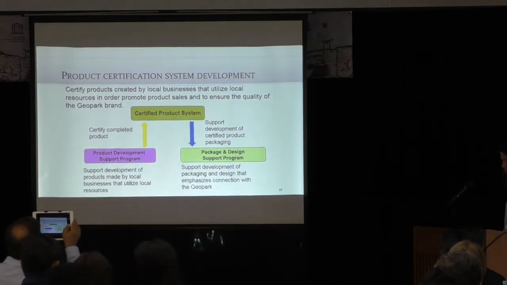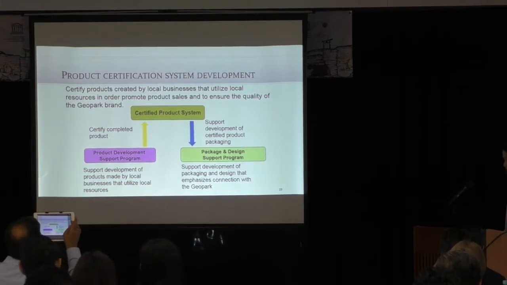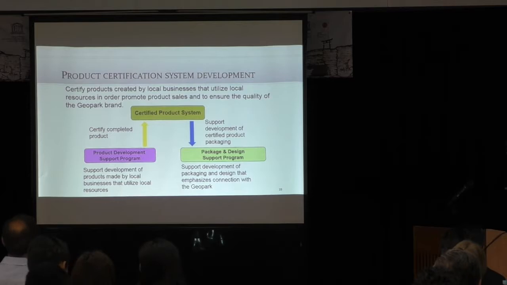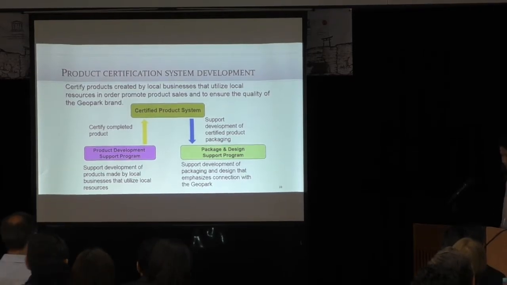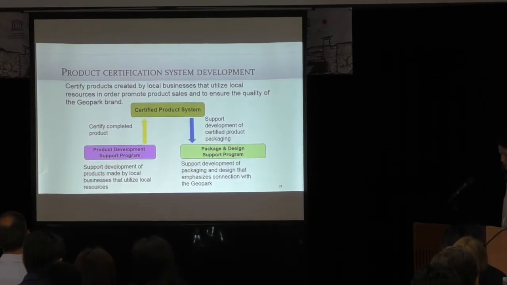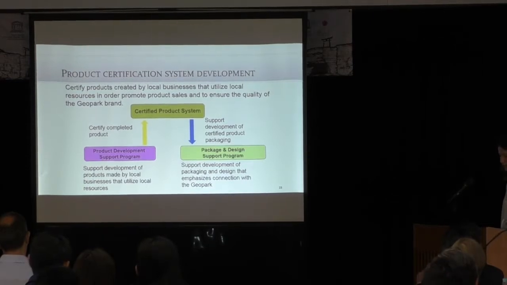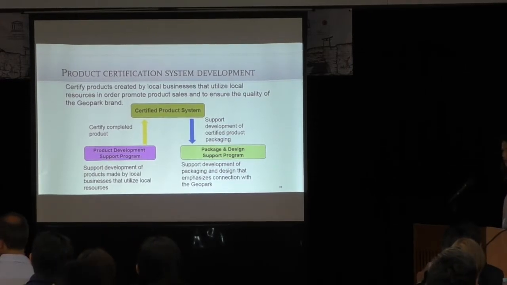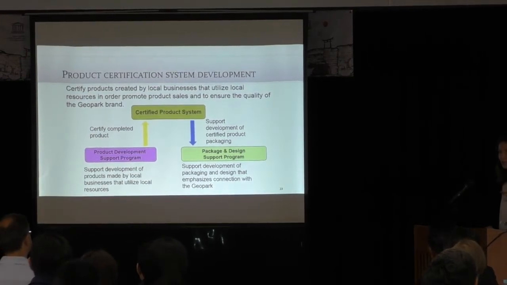The product certification system targets already existing products that use resources from Oki. And the packaging design support program helps to fund the design and packaging to mark certified products, and also to create packages for the products of Oki to be more appealing.